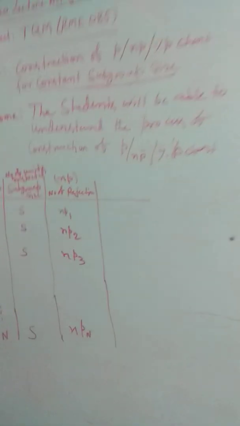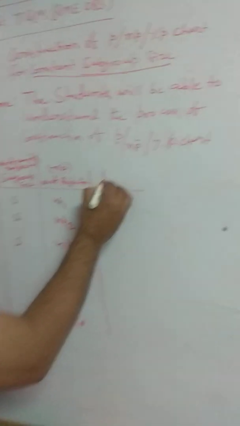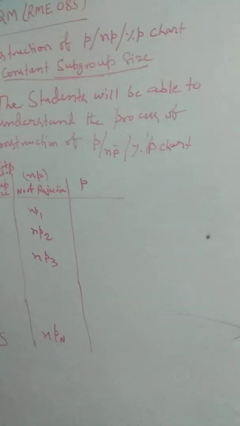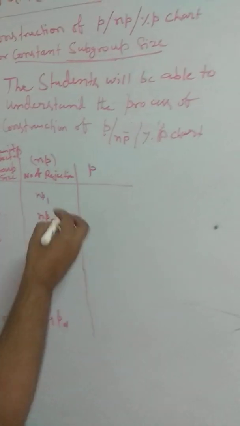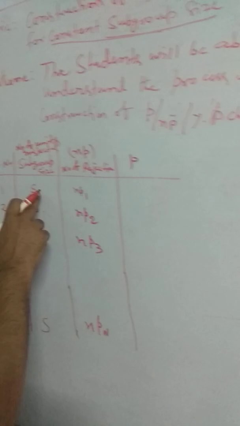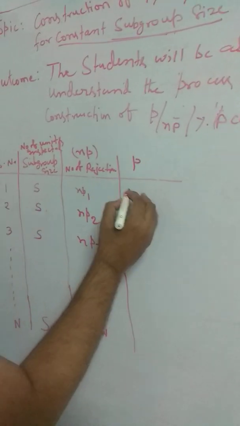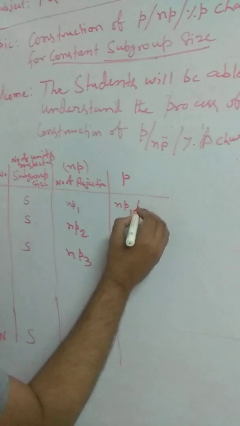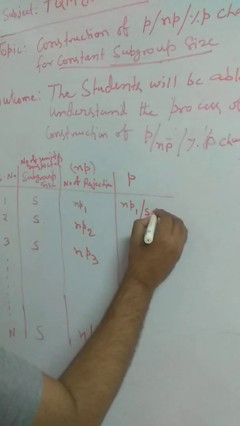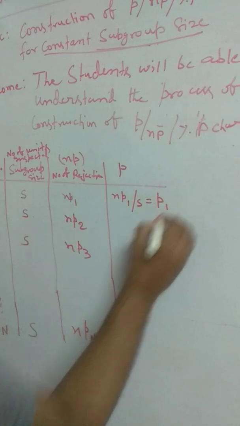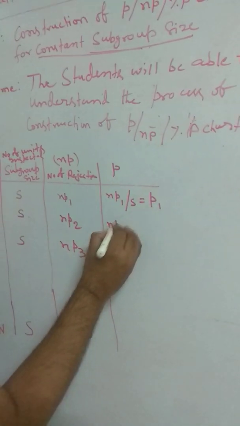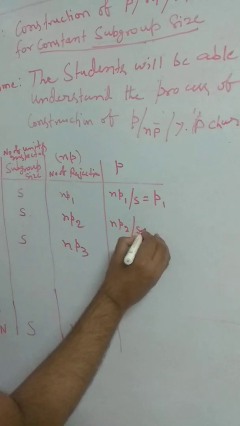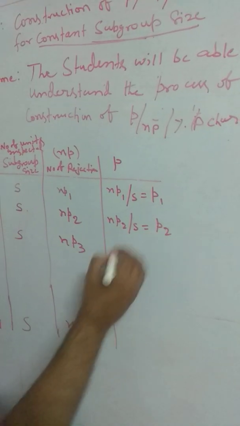The P. How the P can be computed? Very simple. This divided by this. That is NP1 divided by S will give the value of P1. Here NP2 divided by S will give the value of P2.